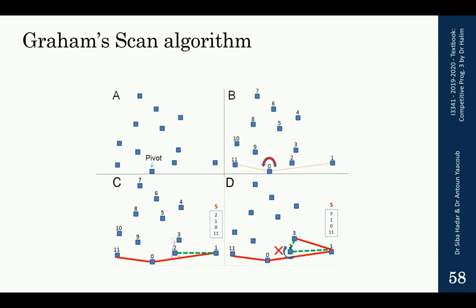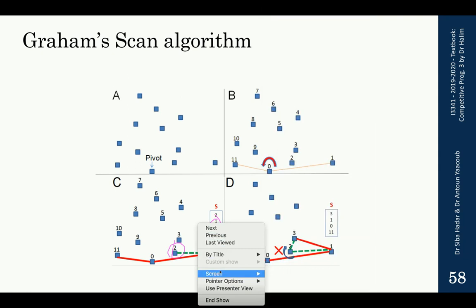Before we add the element 2, we check whether the last two elements with 2 will be counterclockwise. If they will be counterclockwise, I add 2. If not, I will have to remove 1 before repeating the check. So 0, 1, 2 will be counterclockwise, so I can add 2.